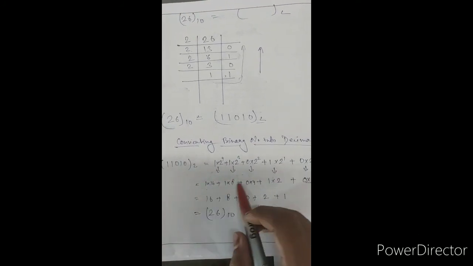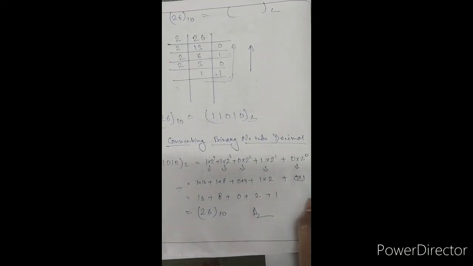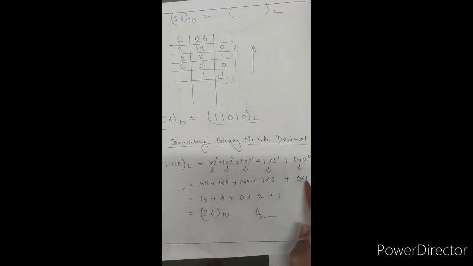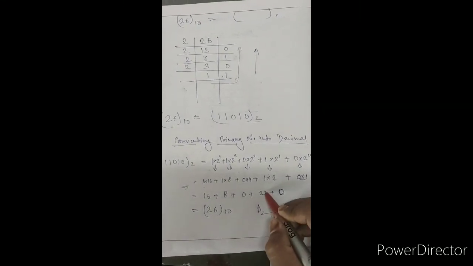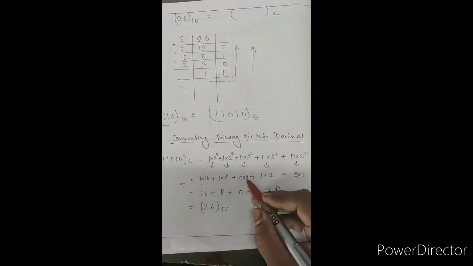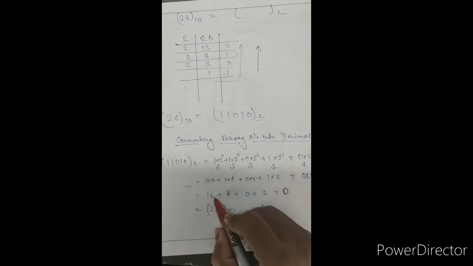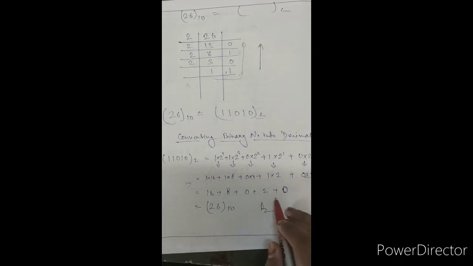In the next step we solve the multiplications: 0 multiplied by 1 is 0, then 2 multiplied by 1 is 2, then 0 multiplied by 4 is 0, 8 multiplied by 1 is 8, and 16 multiplied by 1 is 16.